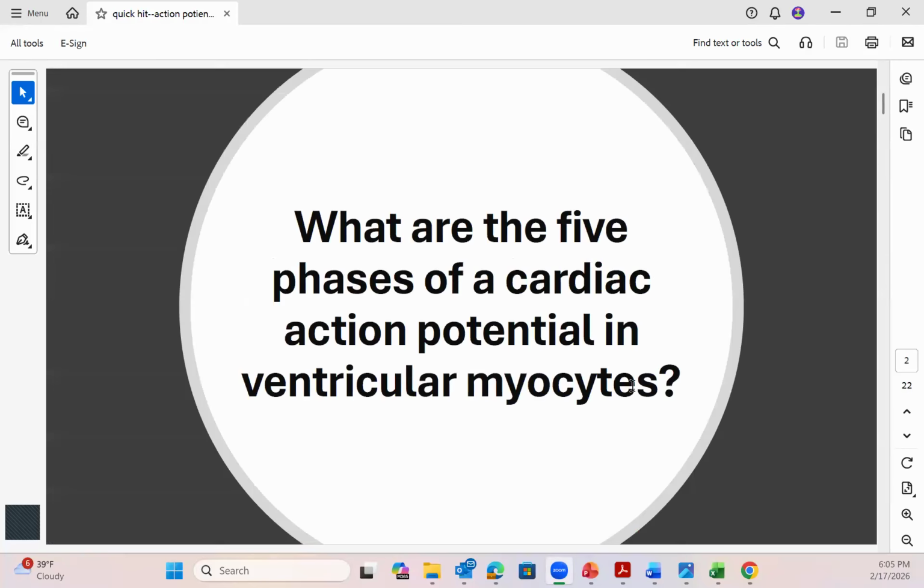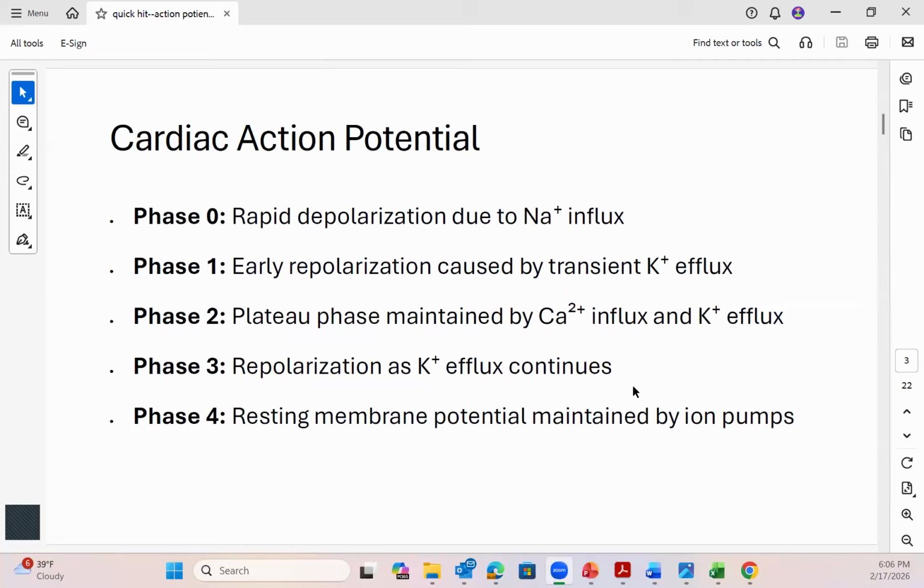All right. Okay. What are the 5 phases of a cardiac action potential? And we have our answers. So we're including phase 0. That's how we get to 5. Okay. So we have phase 0, rapid depolarization. So that's the big electrolyte there, sodium. Phase 1, early repolarization caused by transient potassium.